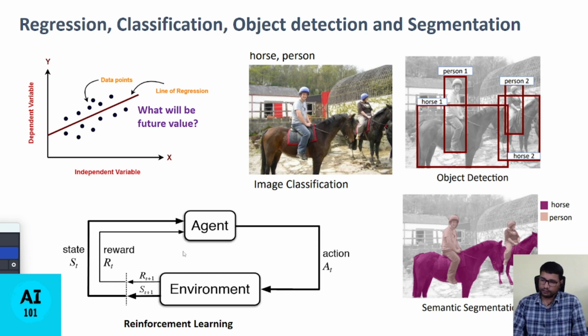Okay, and if the agent is trained properly, then we can reward the agent, and otherwise we can punish it, or we don't provide any reward. And based on this reward, the AI agent is trained.